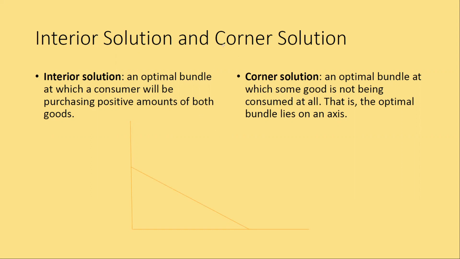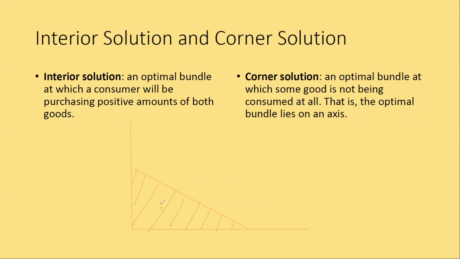So let's say we have a budget line that looks something like this. Now we know the budget constraint means that the optimal point has to be in this shaded region, right? We also argued previously that a point that is not spending all your income is not going to be optimal as long as the assumption that more is better is satisfied.